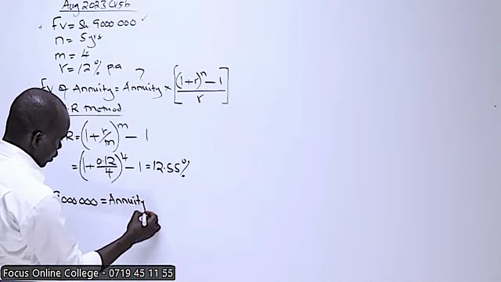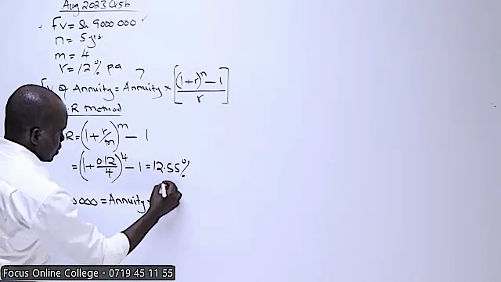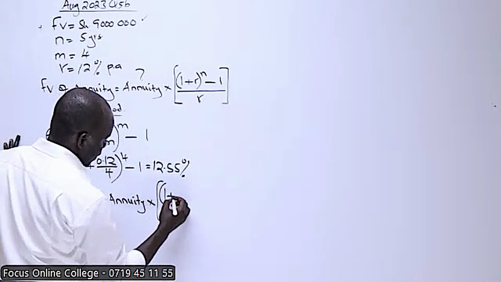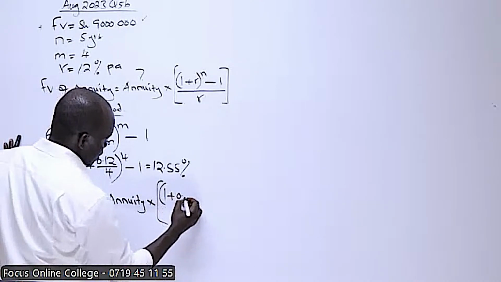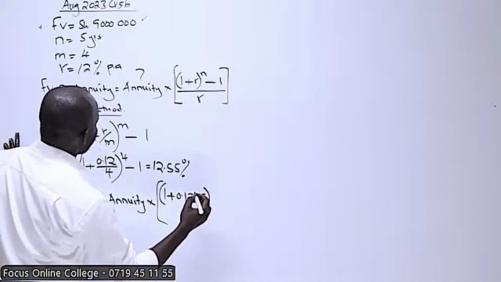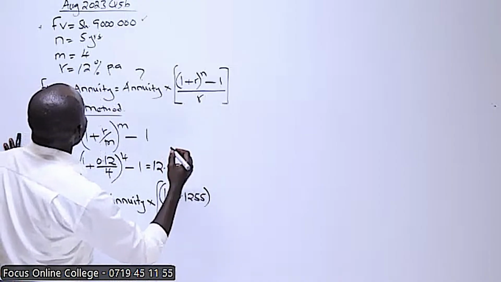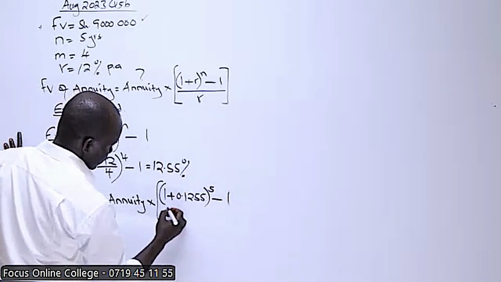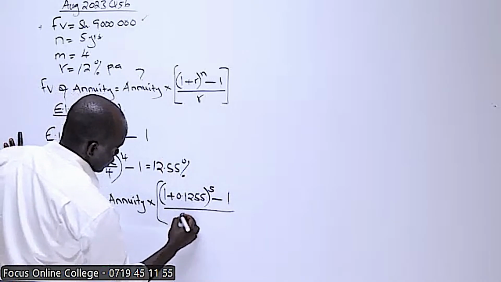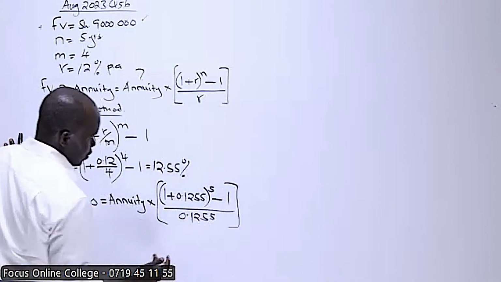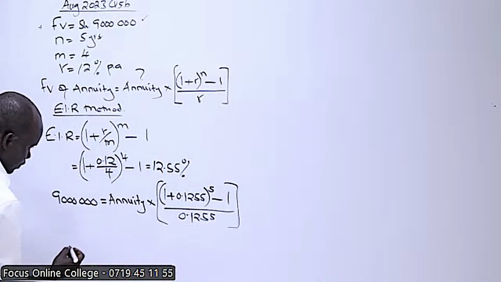Annuity is what we don't know, times 1 plus 0.1255 power 5, minus 1, over 0.1255.